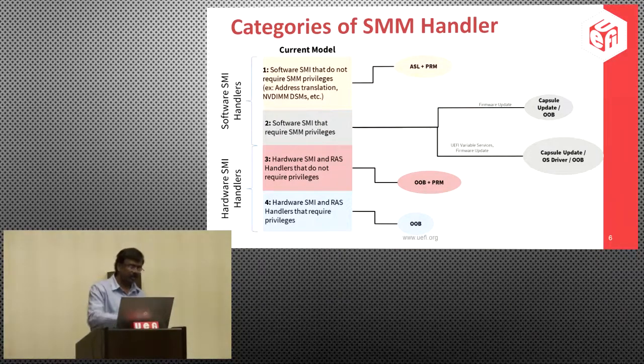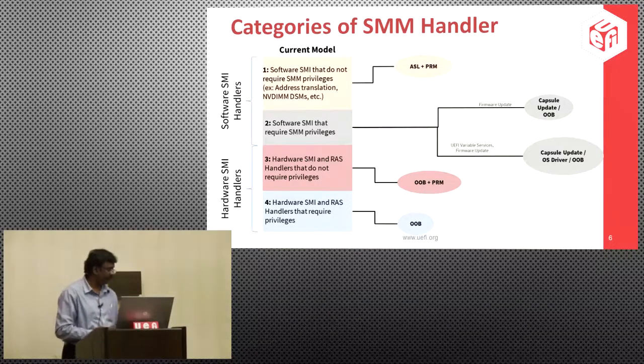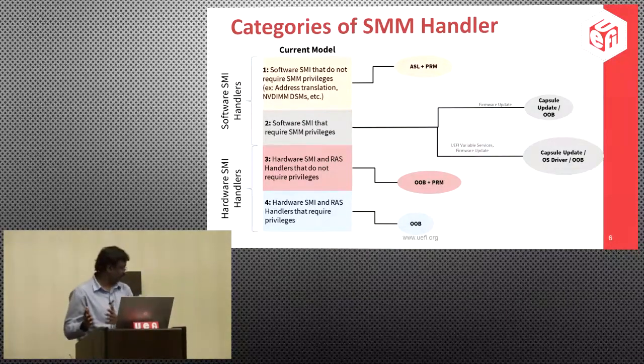And for the third and fourth ones, these are all hardware SMIs. Typically for RAS events, like reliability, availability, and serviceability, we call those kinds of events in the system, errors or thermal events, and people wanting to replace or hot plug things like that. Those are all hardware events, which we are migrating to the BMC.